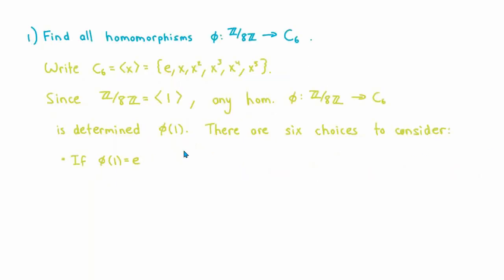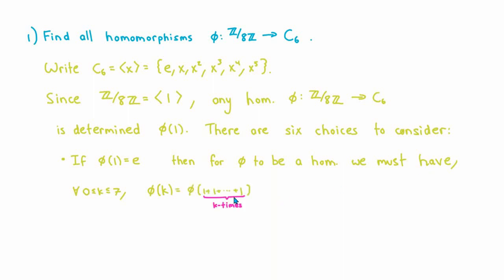First of all, is it possible to have a homomorphism phi here with phi of 1 equal to the identity element? Well, if phi of 1 is the identity element, then in order for phi to be a homomorphism, for every k from 0 to 7, we would then have to have that phi of k, which is phi of 1 plus 1 plus 1 k times, is equal to phi of 1 times phi of 1 times phi of 1 k times. And since phi of 1 is the identity, that would have to be equal to the identity to the k, which is the identity.